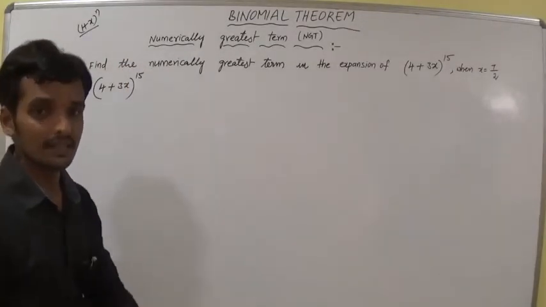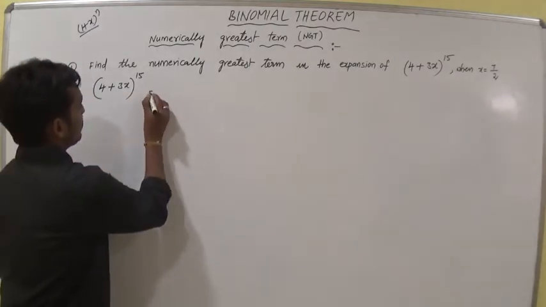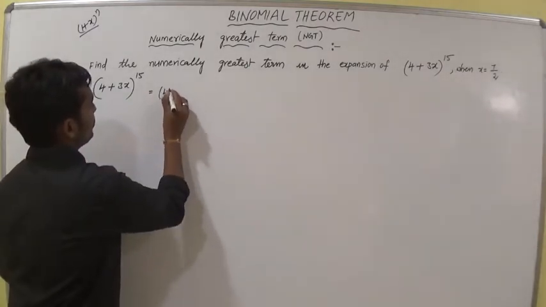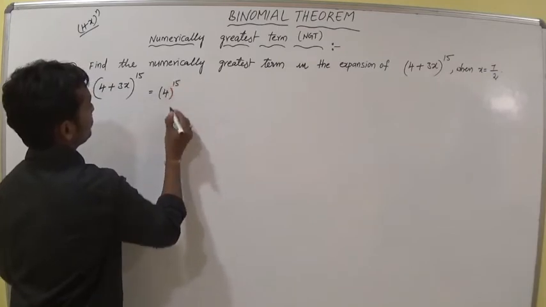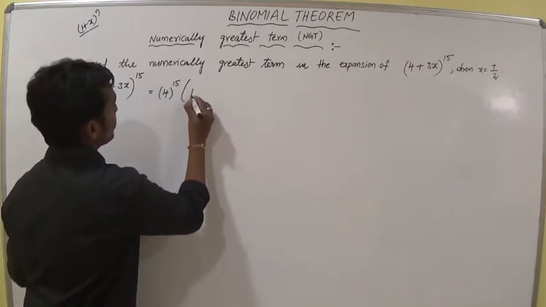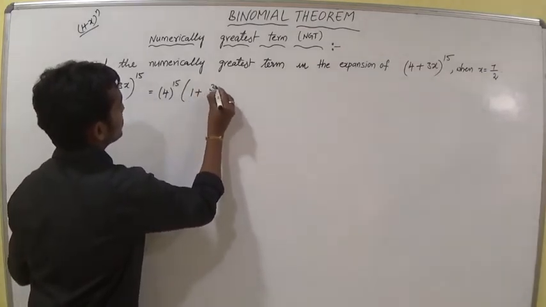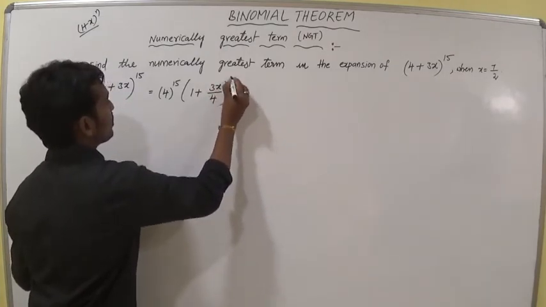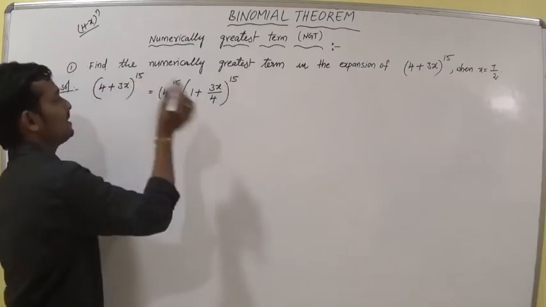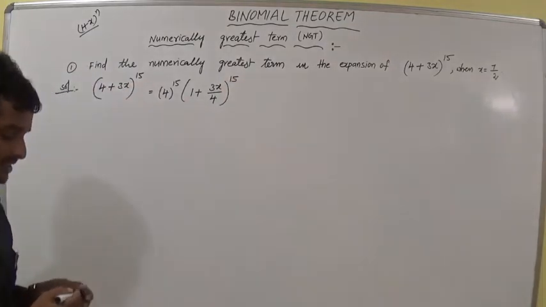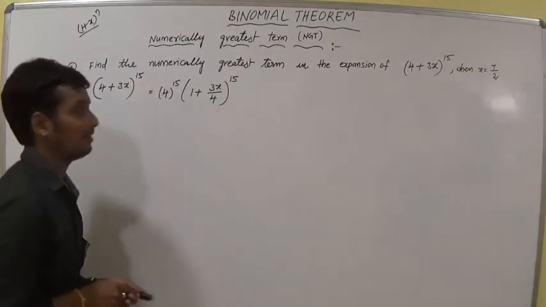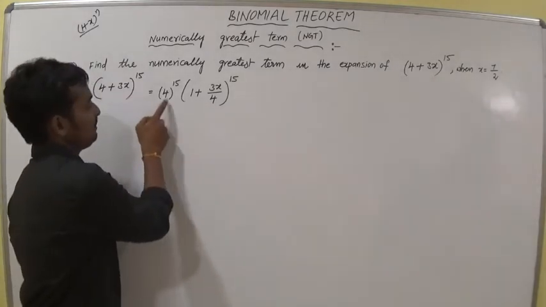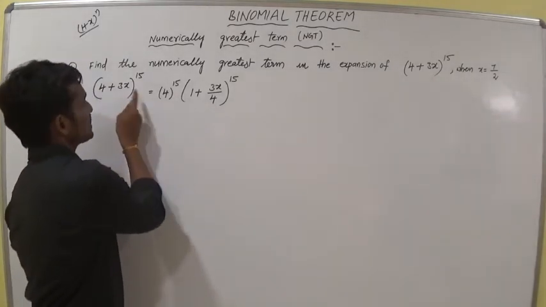I am changing it to 4^15 into (1 + 3x/4)^15. Are they the same or not? Think with your brain.